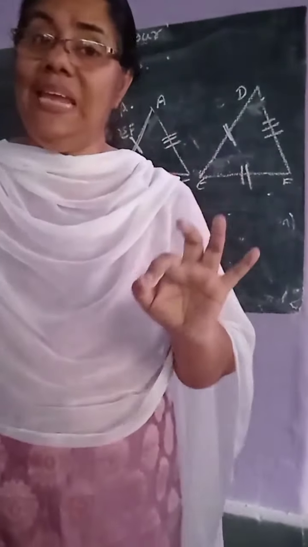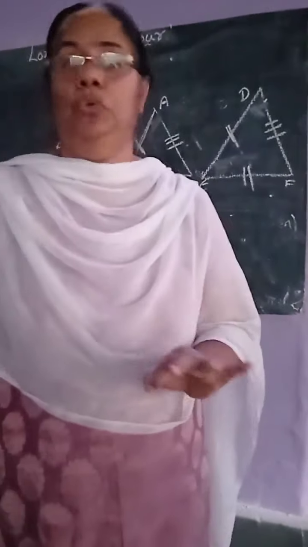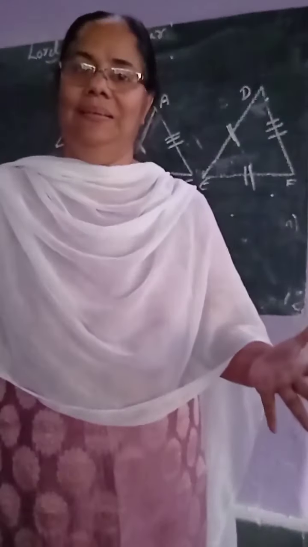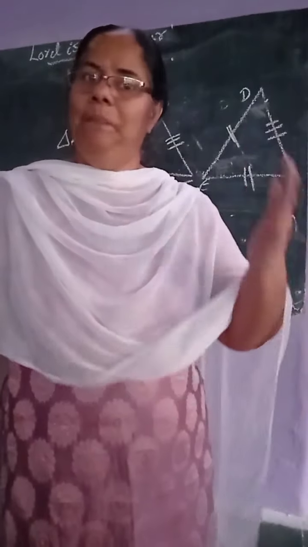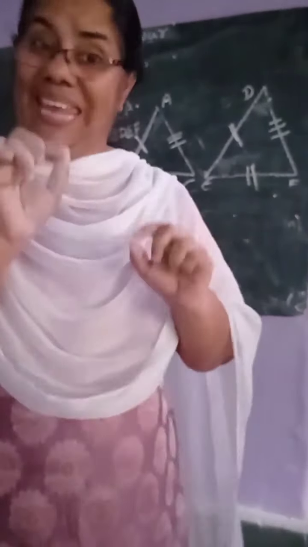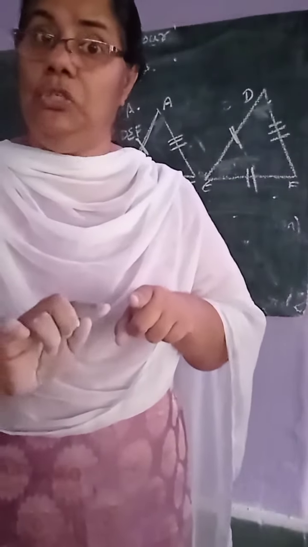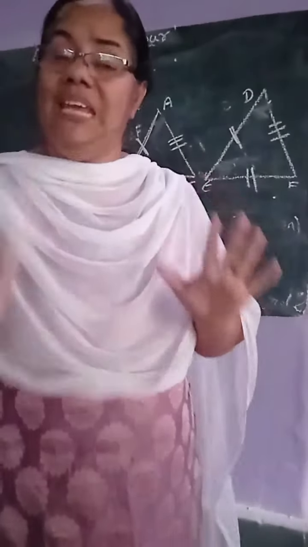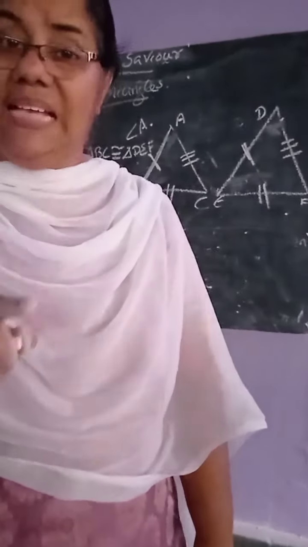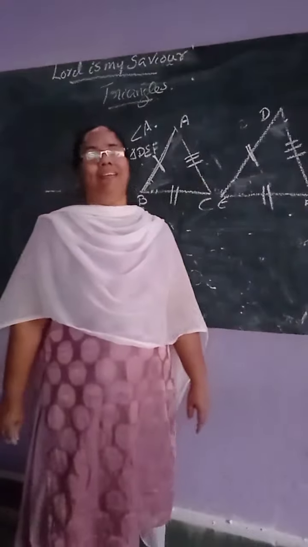If three sides of one triangle are equal to the corresponding three sides of the other, that word corresponding is important, then we can say that by the SSS congruency theorem, the two triangles are congruent.